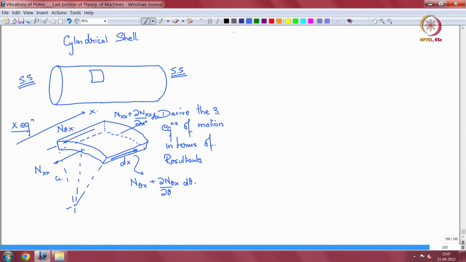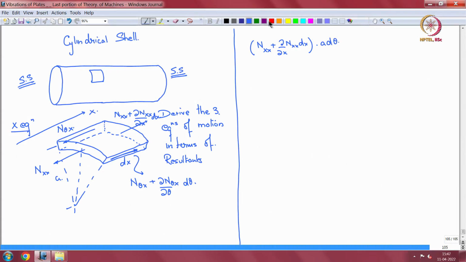So if we do a force balance in the x direction, I have nxx plus del x nxx dx. You make it a full force because it is a resultant, so multiply by a d theta.